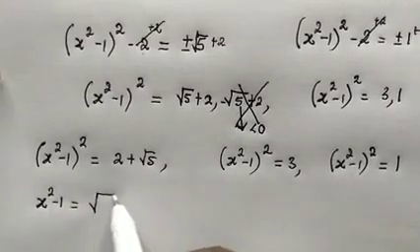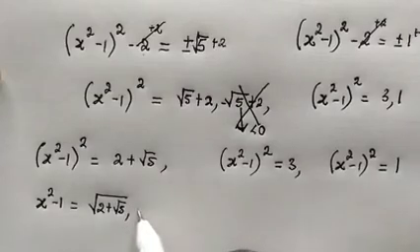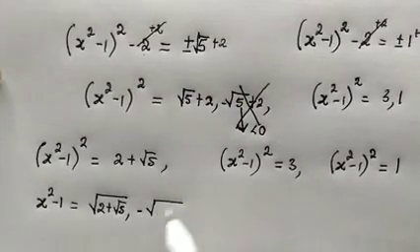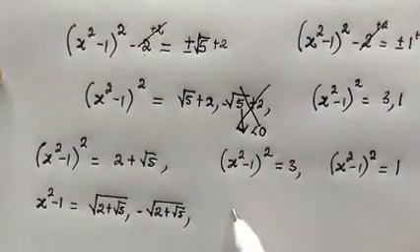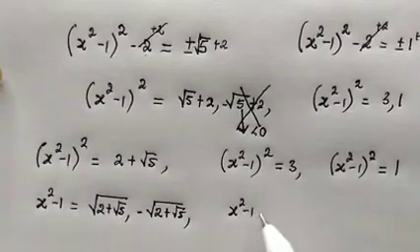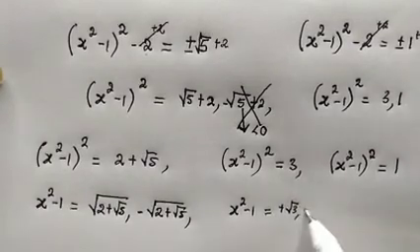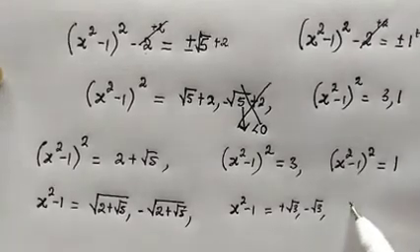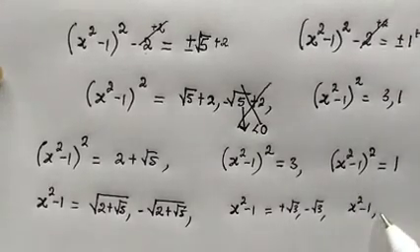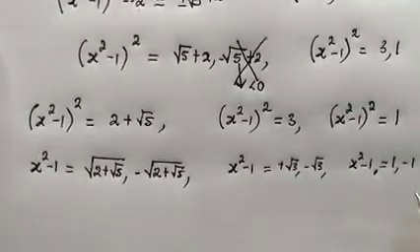First, positive and negative square root of 2 plus root 5. And from here, x squared minus 1 is equal to plus and negative square root of 3. And here we have x squared minus 1 equal to positive and negative square root of 1.